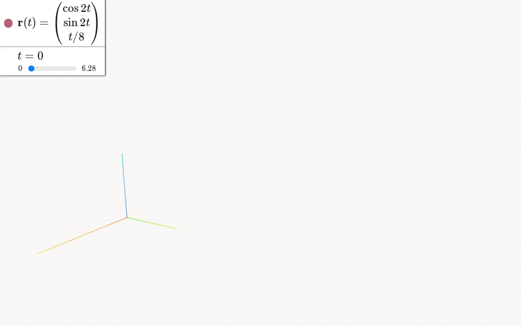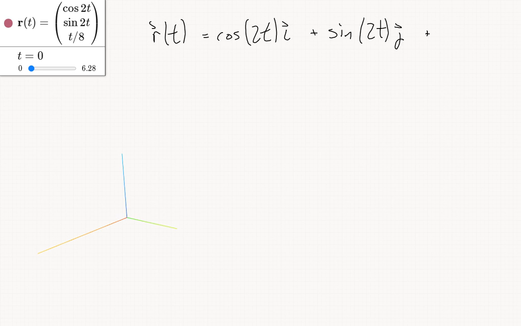For example, let's consider the curve r of t equals cos 2t i plus sine 2t j plus t over 8 k. So that'll be the following helix.